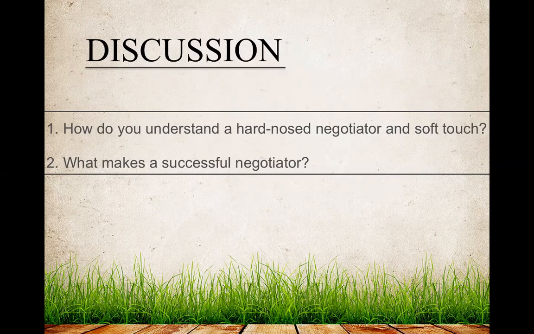For soft touch, there are no more arguments or disputes over the negotiation when you are negotiating with this kind of person. They tend to agree to what you want, right? And for the last question, you answer by yourself and then compare with the recording at the end.